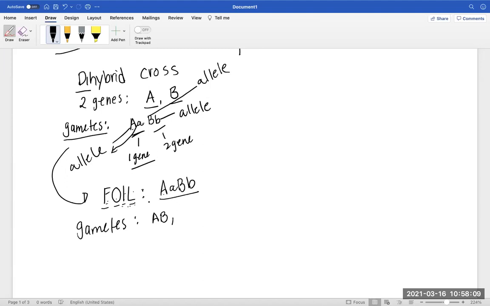Small a, small b. No, actually, it's going to be big A. This is the outer one, and this is the outer one. So let me redo that one. It's going to be big A, little b. Then inner. Now you have little a and big B. And then last is little a, little b. Those are your gametes.